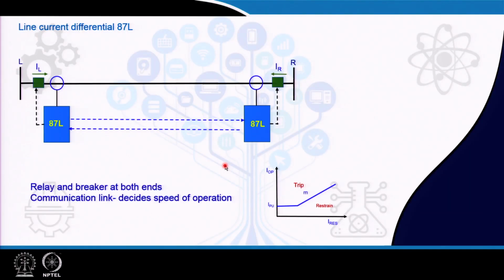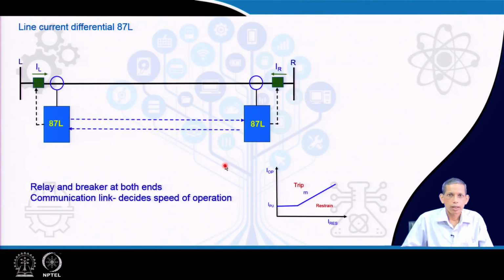So, continuing with that, in the last class we talked about 87L, the line differential protection with current signals from both the ends. Essentially, for a line feeder we need a communication system, and we need breakers at both the ends for an interconnected system.